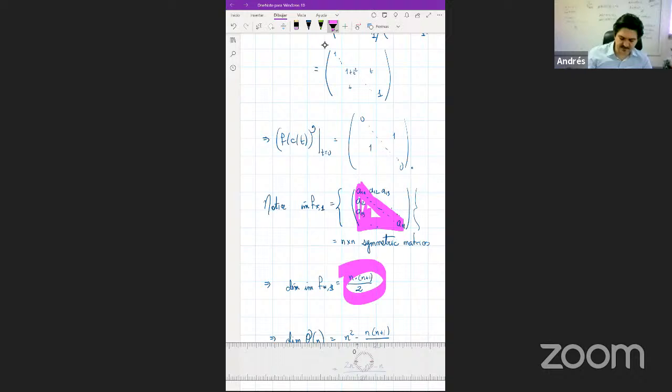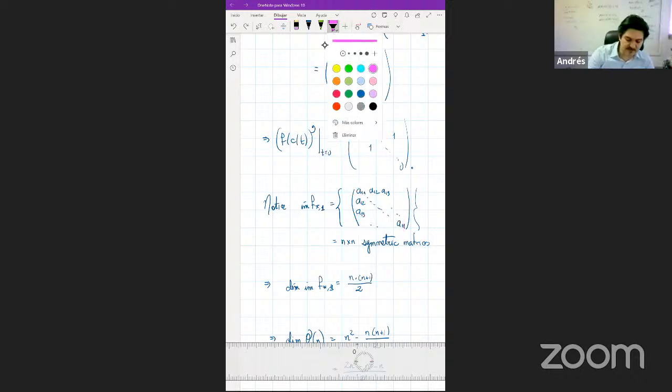So n times n plus 1 over 2. Those are the three parameters to determine an element in the image.